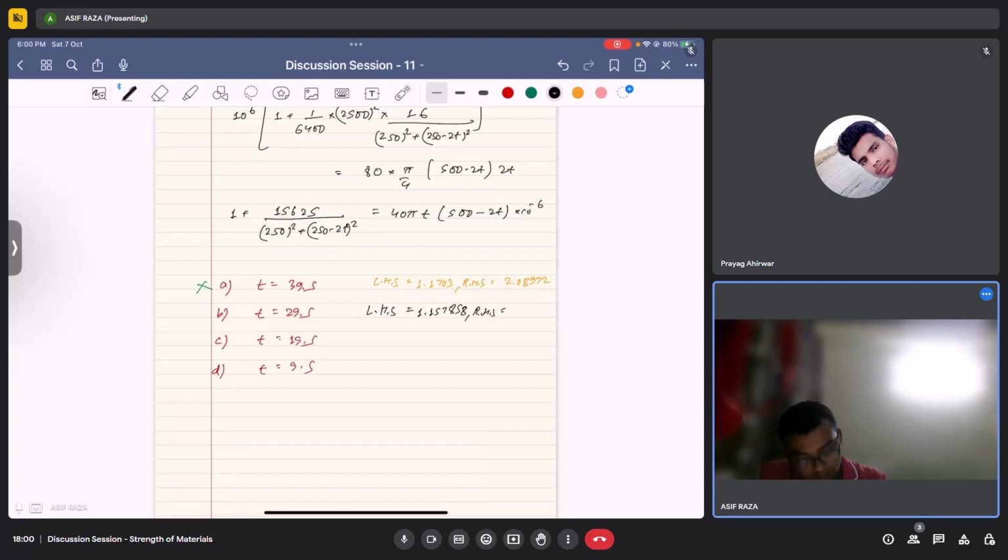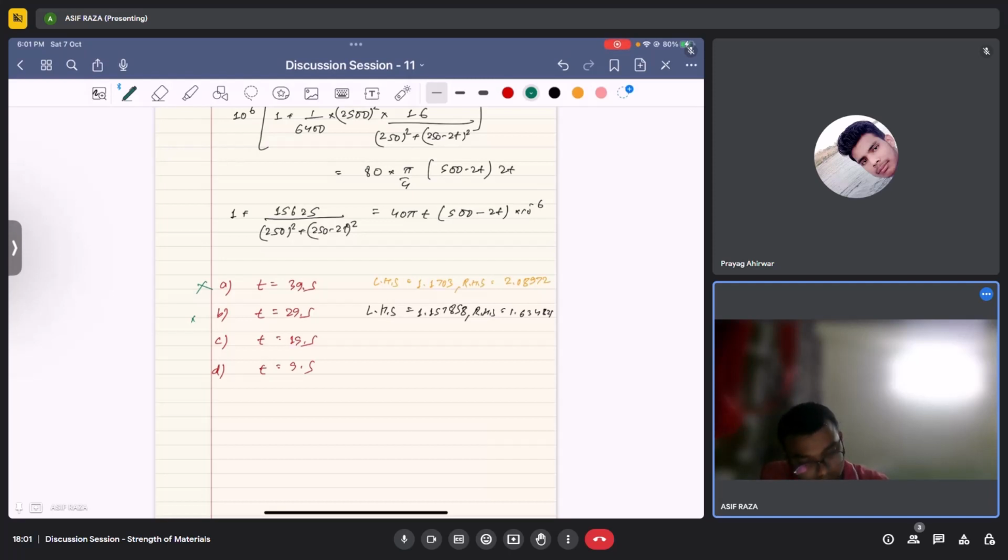RHS: 40 into pi into thickness, which is 29.5, into 500 minus 2 into 29.5. This comes to 1.634821. Let's check the other one.